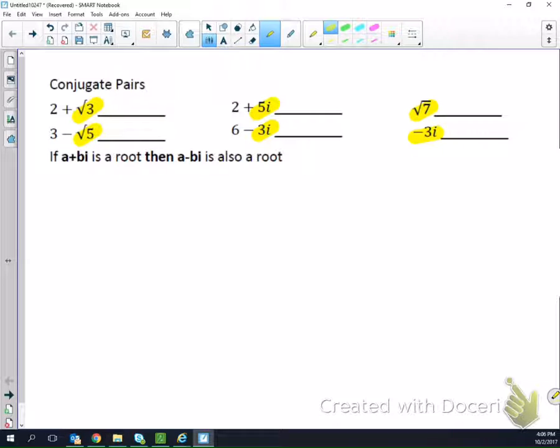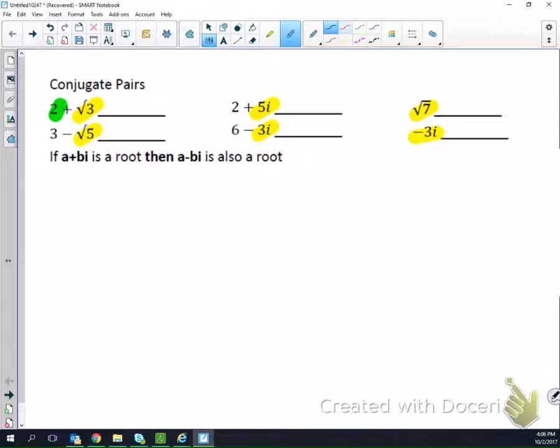Now as we combine a rational number, so in our first problem we've got this 2, so that 2 is a rational number plus the irrational square root 3, or when we're adding in the imaginary numbers we call that a complex number.